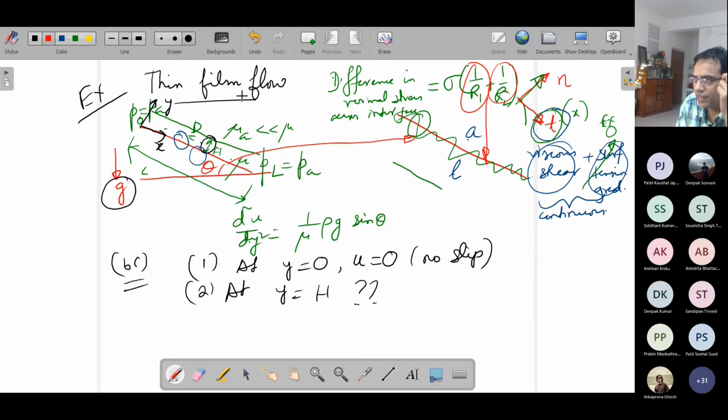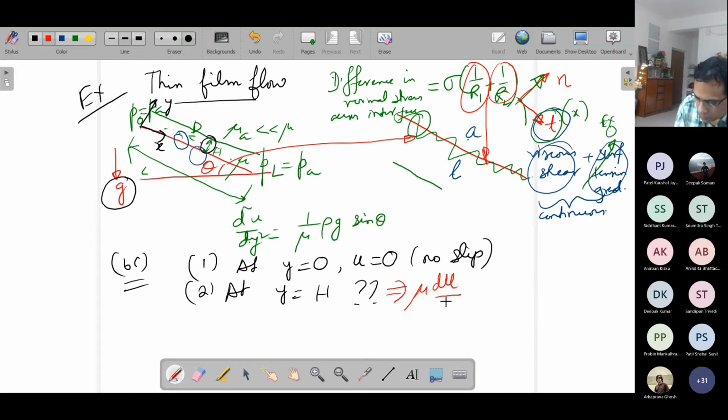In this case, for a flat interface, the normal is y. And therefore, we can be restrictive to motion along x, where it boils down to simple continuity of viscous shear.